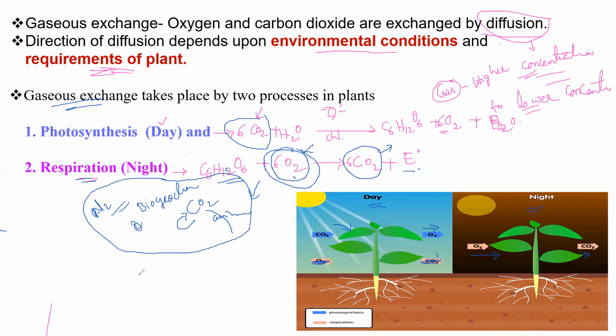Okay. And one more question we may get here. From elders we used to hear, at night we should not sleep under trees, because now you understood that at night plants also release carbon dioxide, and we also release carbon dioxide. So around where we sleep, the carbon dioxide percentage will increase.